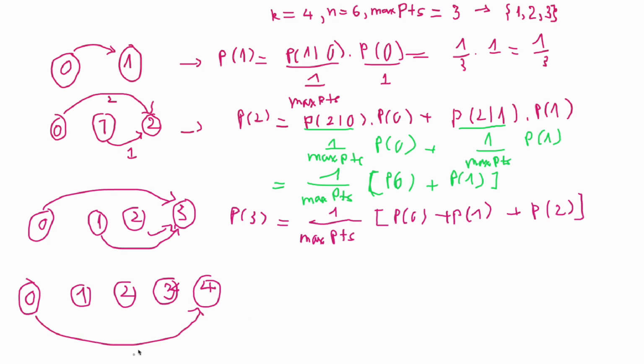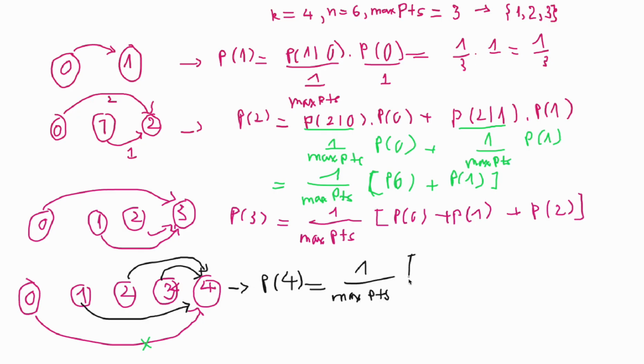The only thing we can do is move from 3 to 4, 2 to 4, and 1 to 4. So what does this mean? This means that our p4 is equal to 1 over max points times p1 plus p2 plus p3.